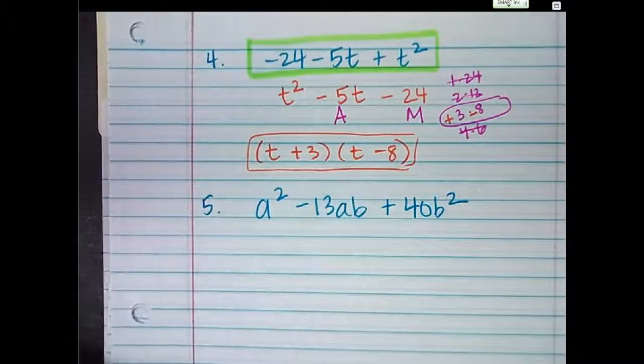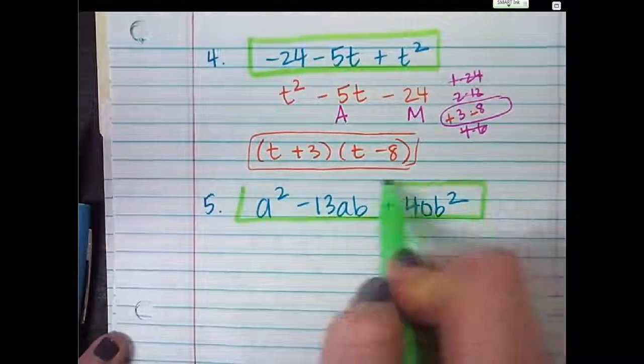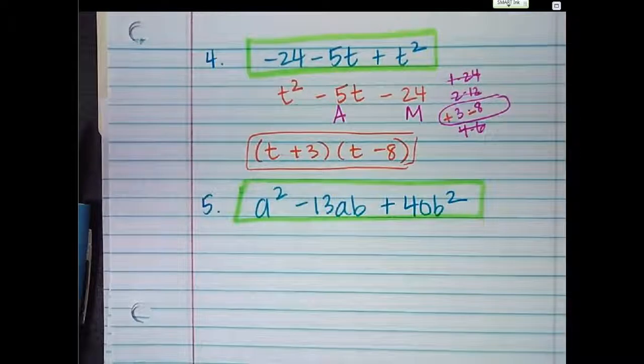Okay, try number 5. We've got a second variable in there too.